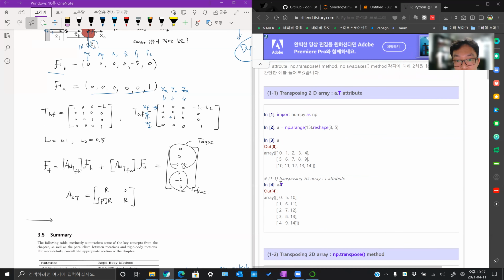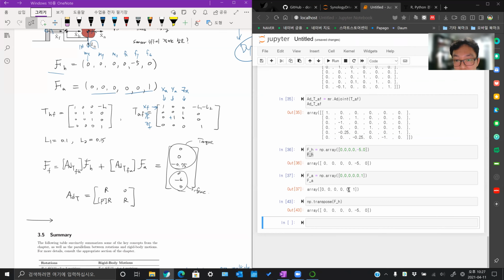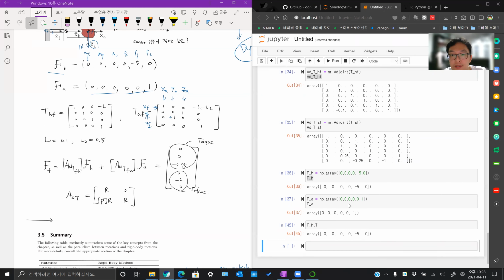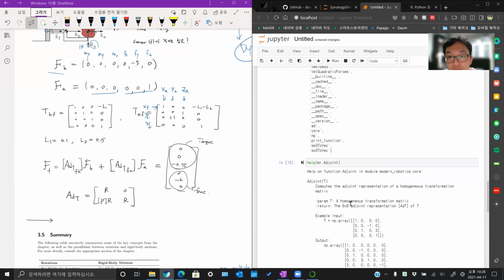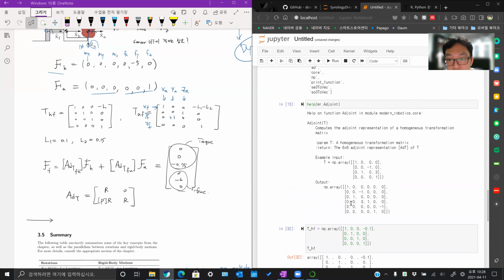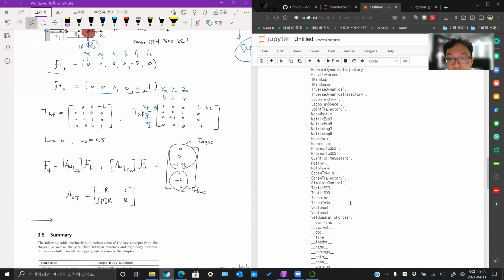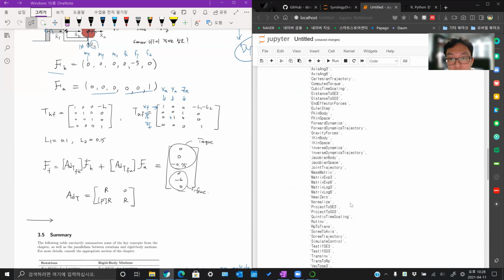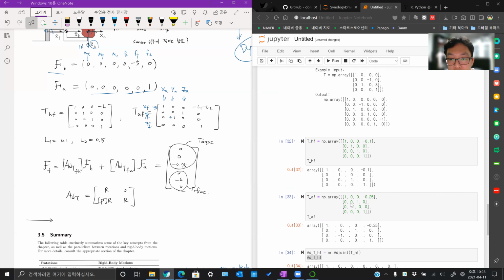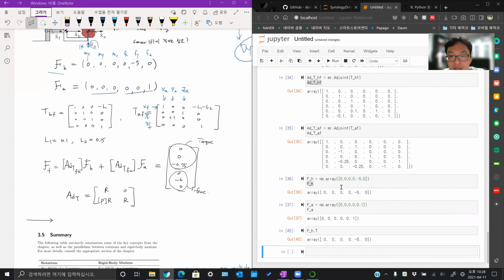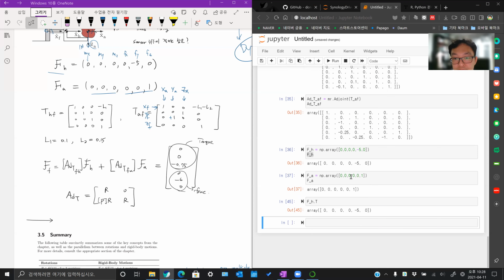As I know, we can use this .T. Okay, let's use .T for h. It's something like this, .T. Oh, it's weird. Actually, maybe we should use this one.